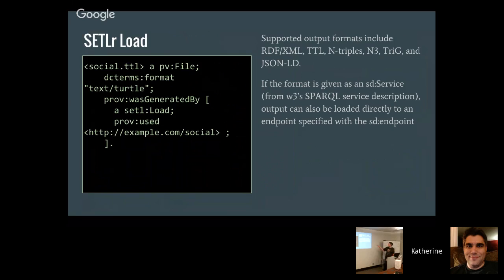So there's, again, the list of output formats. You can also give the format as an SD service from the SPARQL service description vocabulary, and use that to load directly into a SPARQL endpoint. Okay. So that's not 100% right.